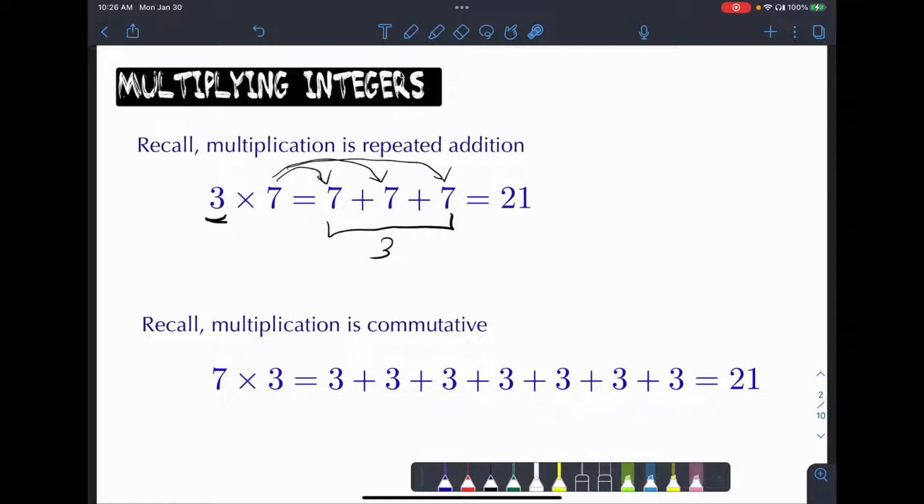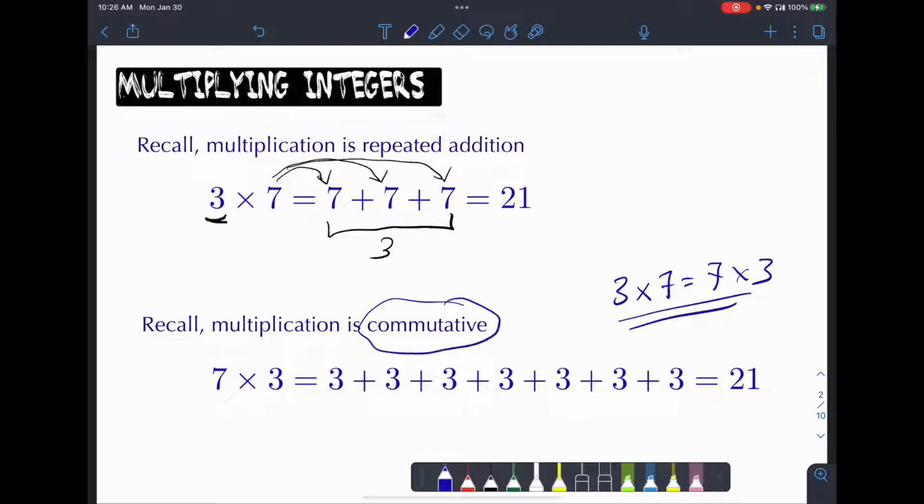Okay, now there is one very nice thing about multiplication, and that is that multiplication is commutative. So what does commutative mean? It means that 3 times 7 is the same as 7 times 3. So we can look at this same problem we just did, the 3 times 7, and look at 7 times 3.